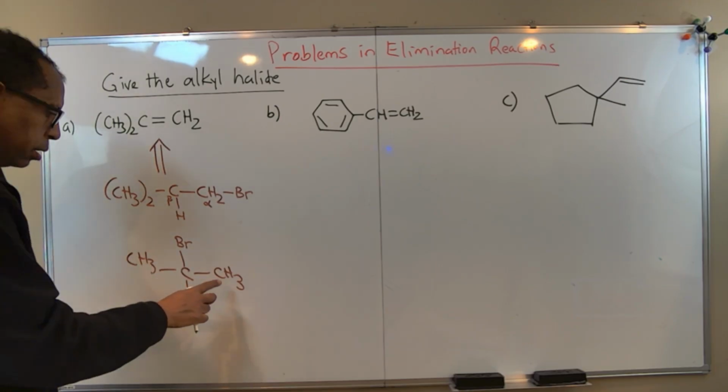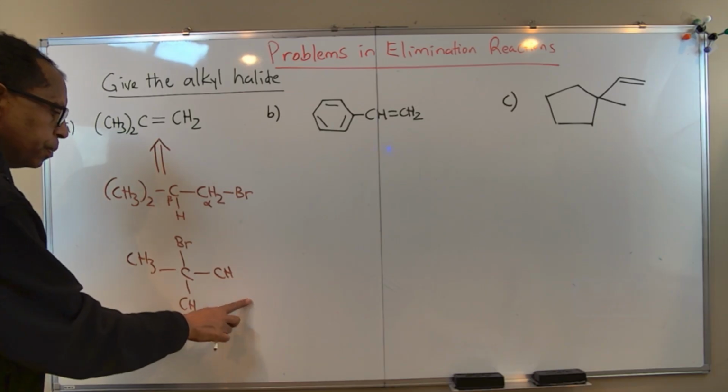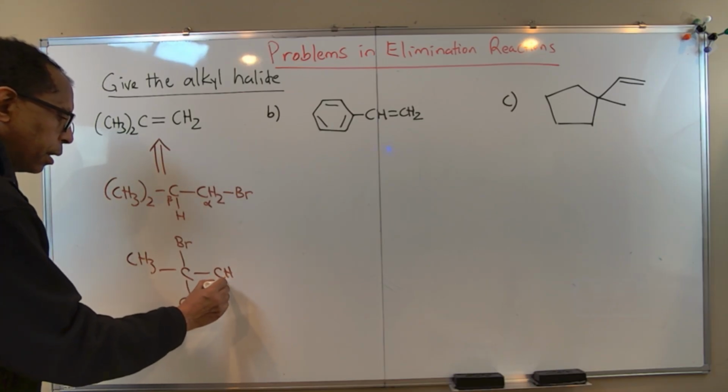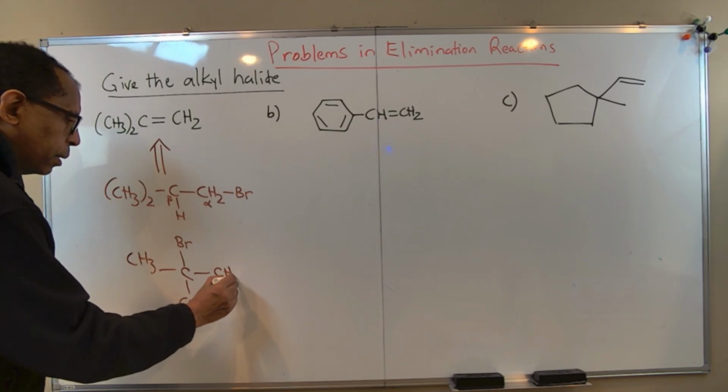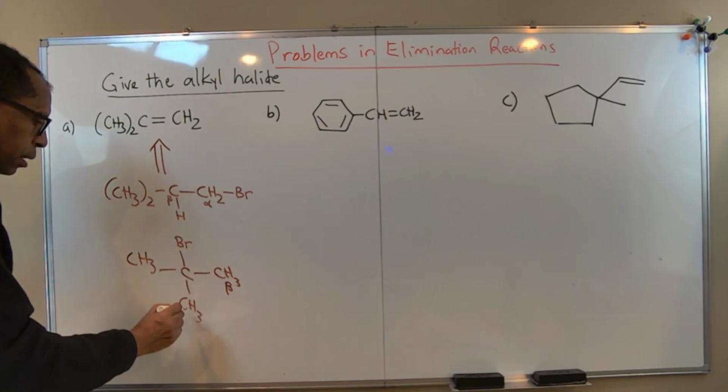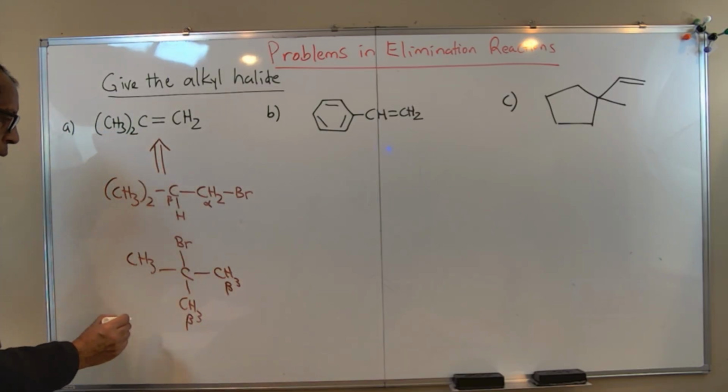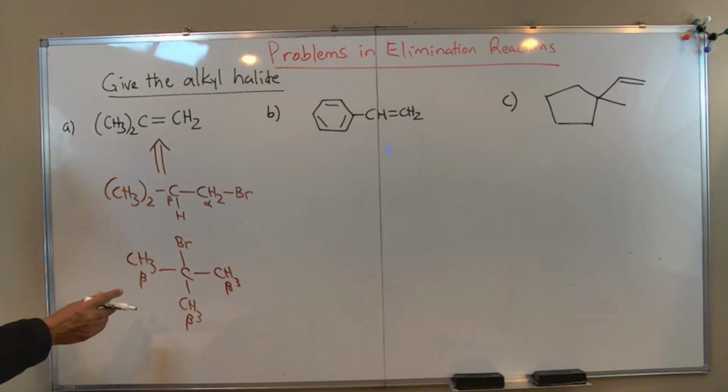So let's check this. This is one beta carbon. This is another beta carbon. This is another beta carbon. There are three possibilities for this.